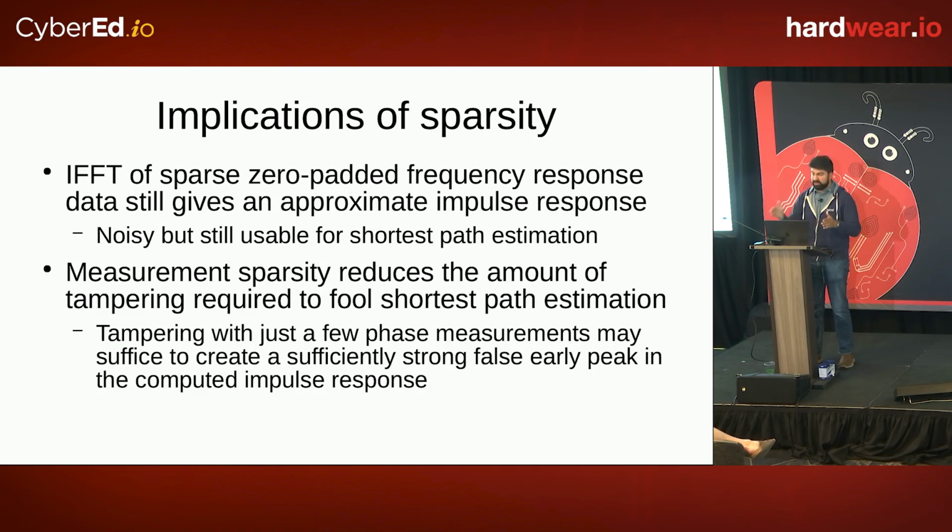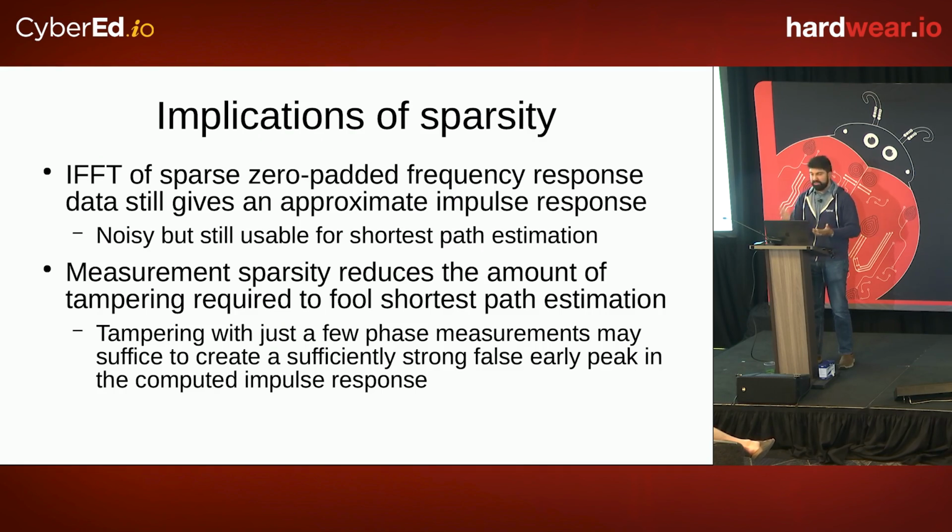If you take these sparse measurements and zero pad them in the frequency response so they're all in the right position in the array, and then take an inverse FFT of that, you'll still get a sort of usable impulse response. And generally, the peaks will still roughly correspond to the correct associated paths.